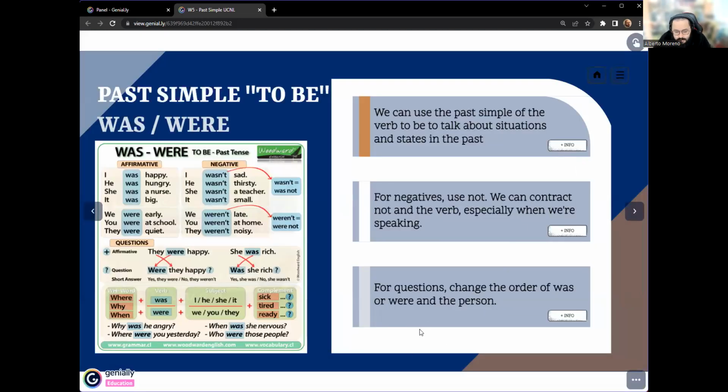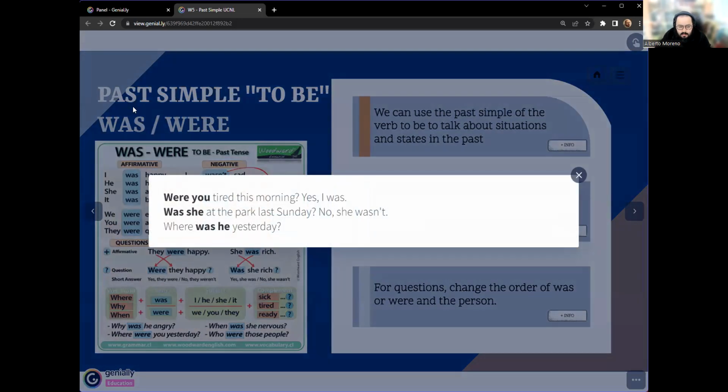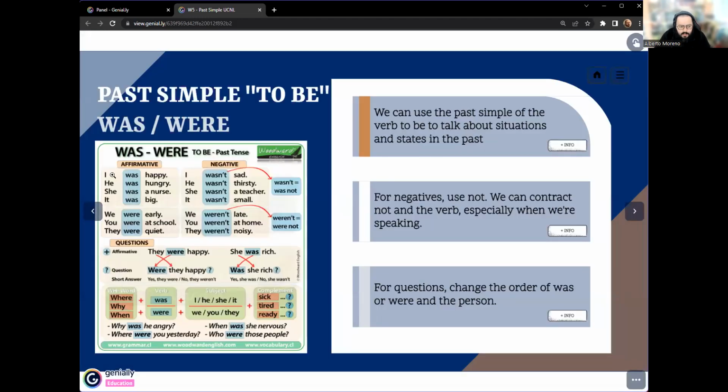And for questions, just here, for questions, change the order of was or were and the person. So we have to change the position. If you remember, if you can recall, the affirmative and negative sentences, we start with the subject plus verb to be plus the complement.